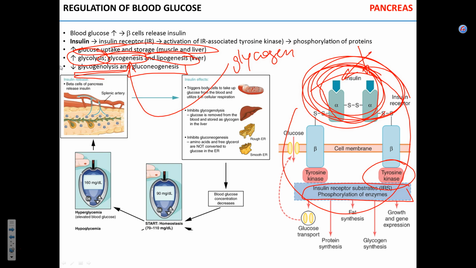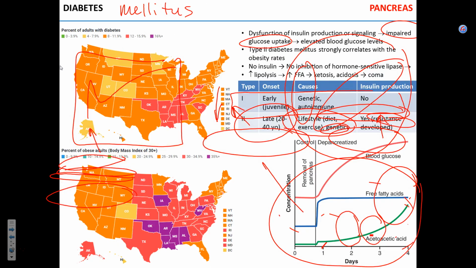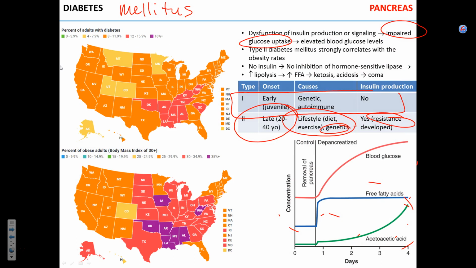So is this elevated glucose going to stimulate insulin production in the pancreas? Yes. So are insulin levels going to go up in the blood? Yes. But is there any signaling? No. So in patients with type 2, you're going to see elevated levels of glucose and elevated levels of insulin in the blood at the same time. Insulin is totally fine, yes.